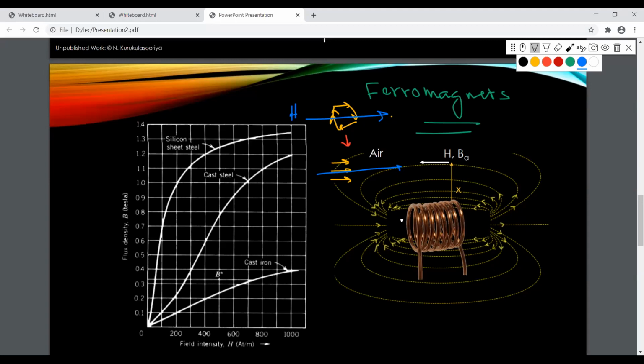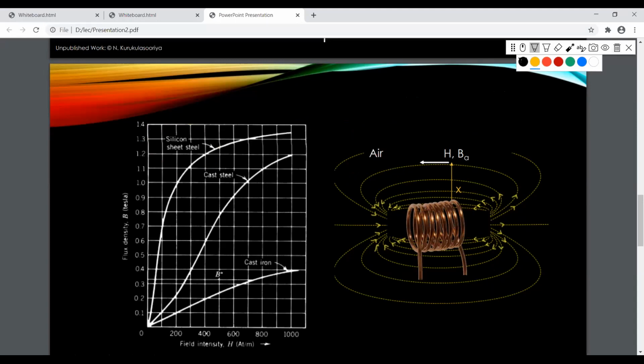So that is what is happening in this silicon sheet steel. If you take a silicon sheet steel, in nature it doesn't show any magnetic properties. The domains are randomly arranged in closed shapes.